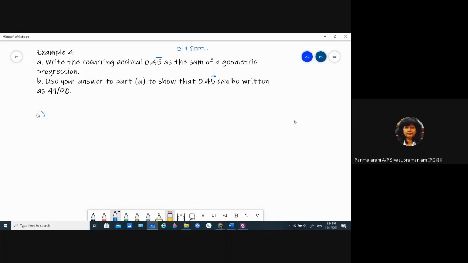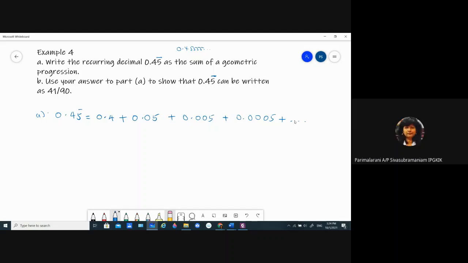So how do we do that? We know that 0.45 is equal to 0.4 plus 0.05 plus 0.005 plus 0.0005 and so on, correct?